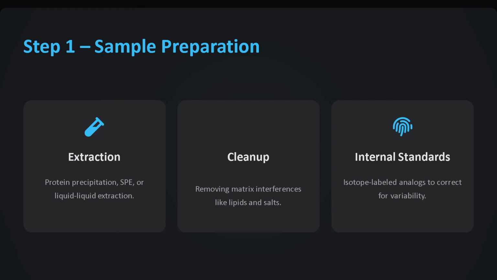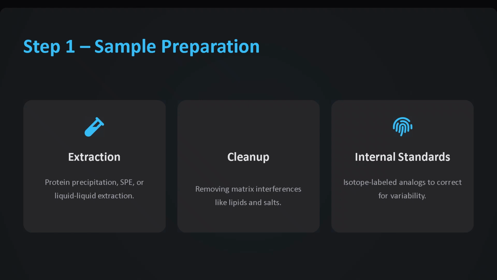Every quantitative workflow begins with careful sample preparation, which is critical for obtaining reliable analytical results. Real-world samples such as plasma, food extracts, or environmental samples contain many interfering compounds. Therefore, analysts perform extraction techniques such as protein precipitation, solid-phase extraction, or liquid-liquid extraction to isolate the analyte from the sample matrix.